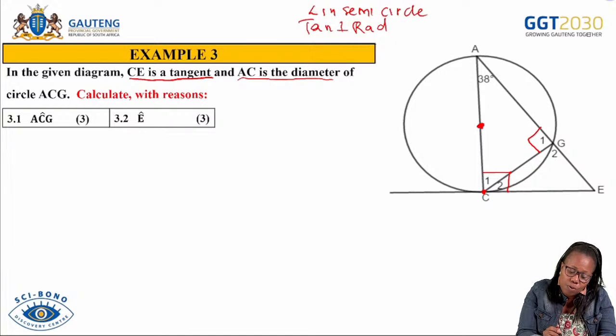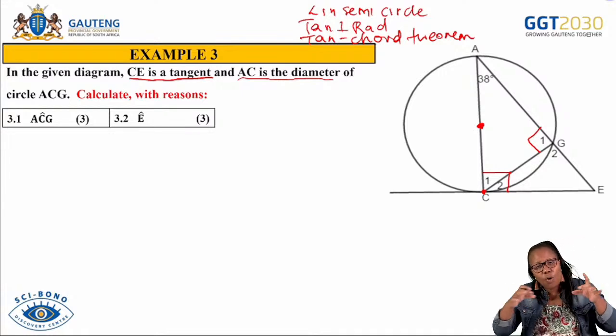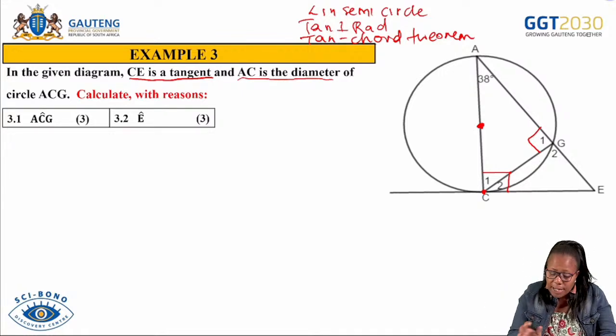It's the tan chord theorem, not tan chord only. It must be written as tan chord theorem in full. Now, this is the analysis that we end up with. Now we can start answering the questions.